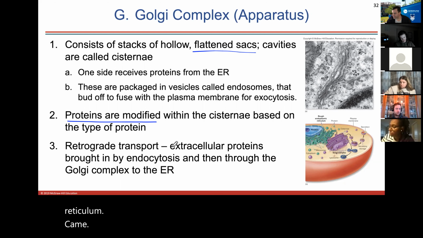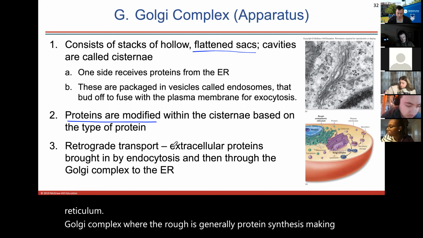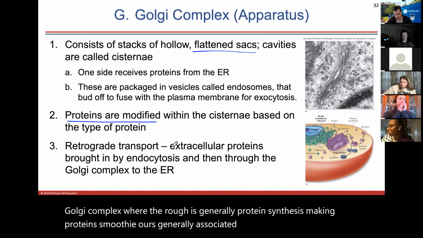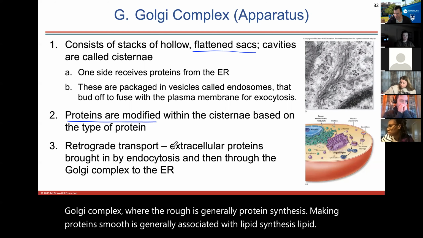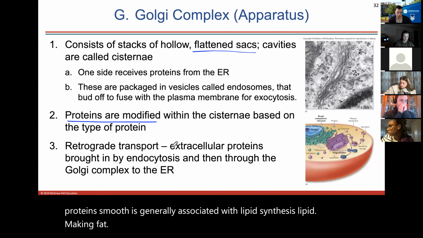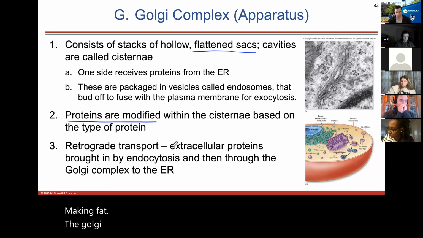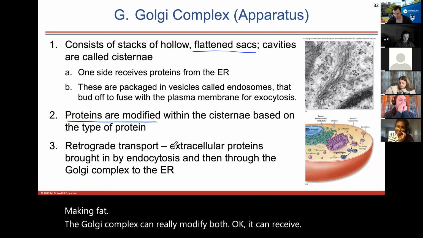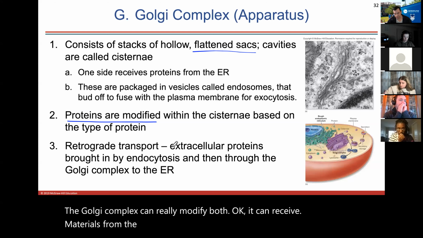Where the rough ER is generally protein synthesis, making proteins, smooth ER is generally associated with lipid synthesis, making fats. The Golgi complex can really modify both. It can receive materials from the rough ER and the smooth ER.